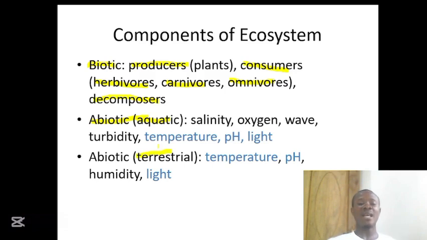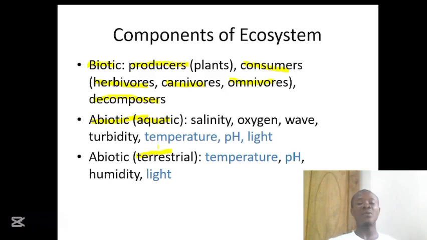Because sometimes they ask you to name 5 or 3 abiotic components that affect aquatic organisms, or they can ask you to name 3 abiotic components that affect terrestrial organisms. That's why I separated it into two. But we have two components of an ecosystem. We have the biotic component and we have the abiotic component.